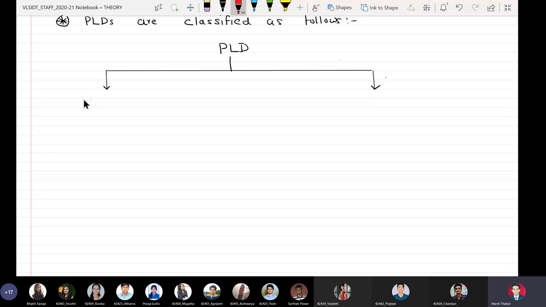So we have SPLD, which stands for simple PLD, and here we have high density PLDs.